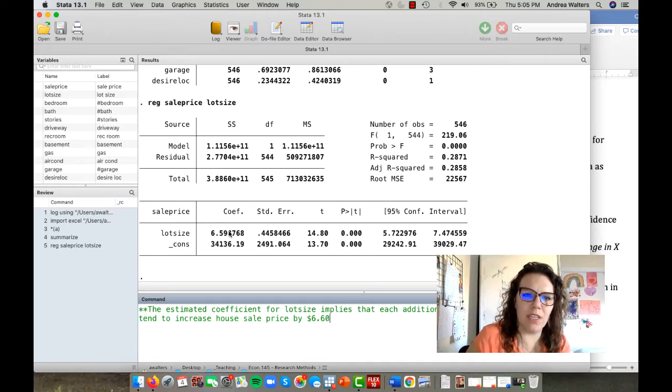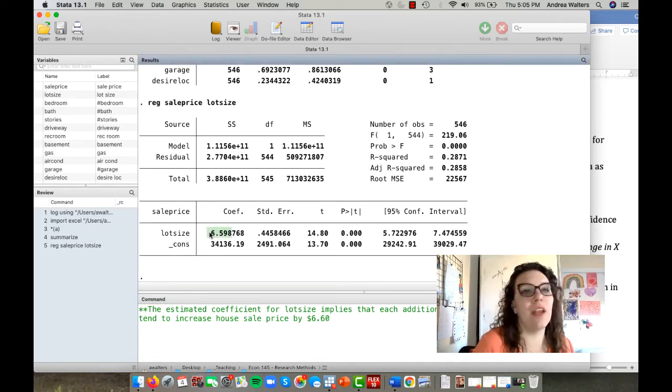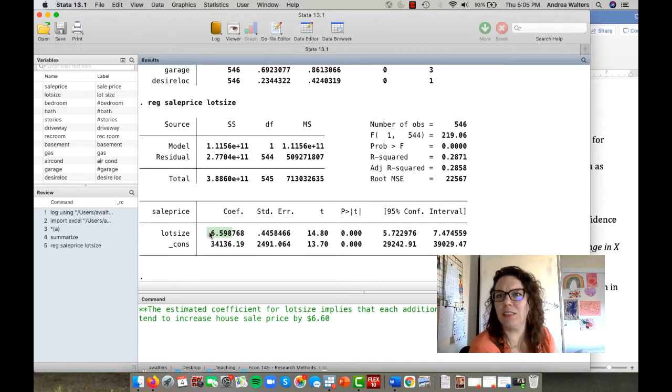I'm rounding because that's the logical way we would deal with that number if it's money. We don't say $6.5988. That's illogical. The important things here are that we're talking about a marginal change in X, and the beta hat is the size of the effect on Y.